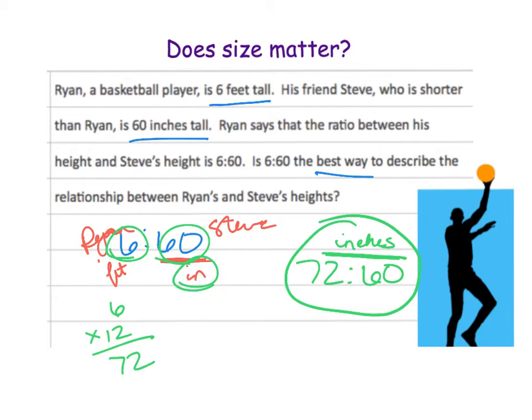And of course, I could divide these by 12, which means Ryan is 6 and Steve is actually 5. So here would be that same thing in feet. As long as they are the same measurement, we can work with it.